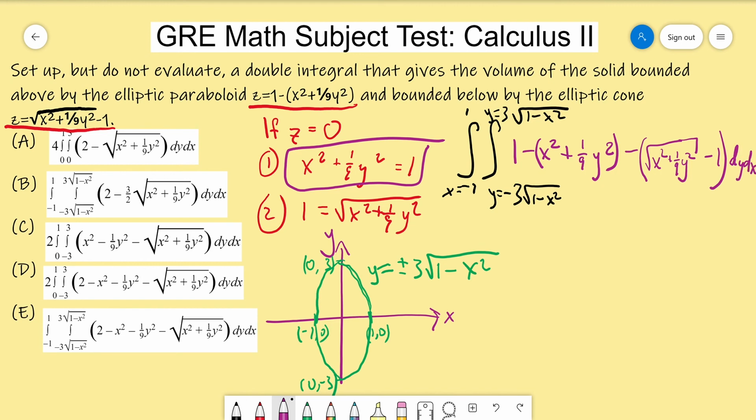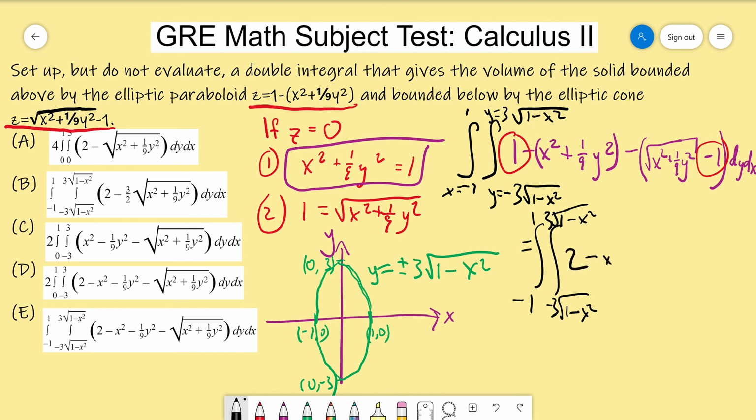Alright, let's simplify this. This is going to simplify to the integral from -1 to 1, -3 root 1 minus x squared to 3 root 1 minus x squared. The 1 and the minus minus 1 are going to give us a 2.